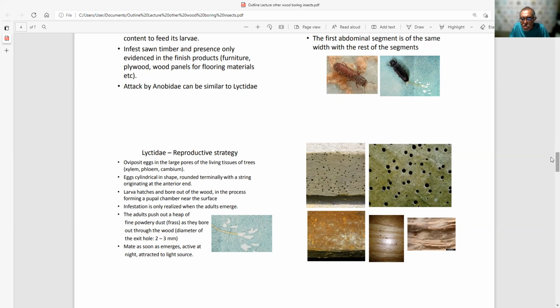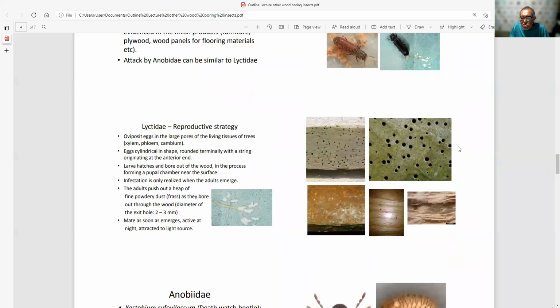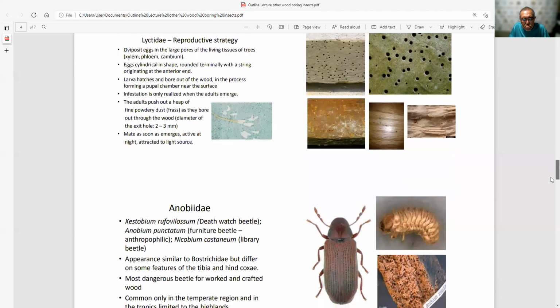The life cycle is short, so they need to hasten the process of reproduction. Okay, we can see this impression later on tomorrow in the lab. We have some symptoms to show.